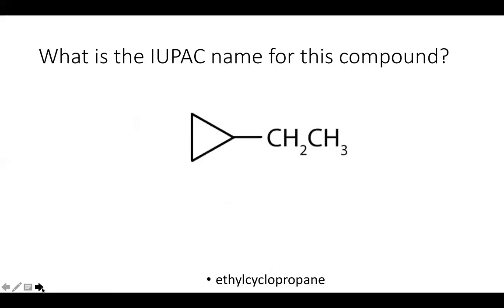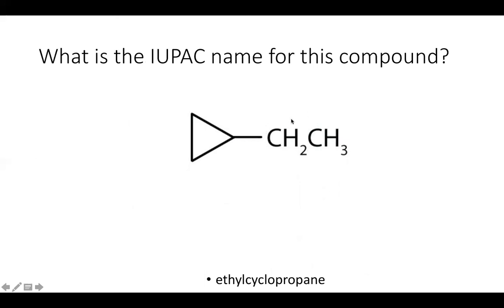Okay, so then you guys, some of you asked about this one. So what's the IUPAC name for this compound? We have 3 carbons in a ring. They're all single bonds. So cyclopropane, cyclo telling us it's in a ring, prop telling us 3, ANE telling us all single bonds. Okay. We have a substituent of 2 carbons.